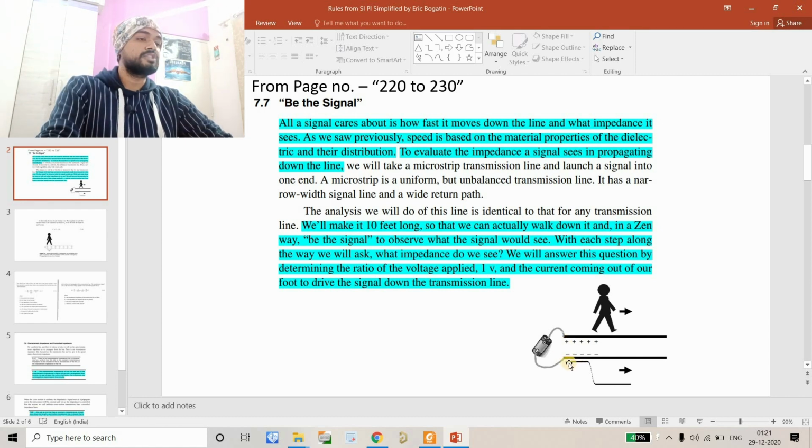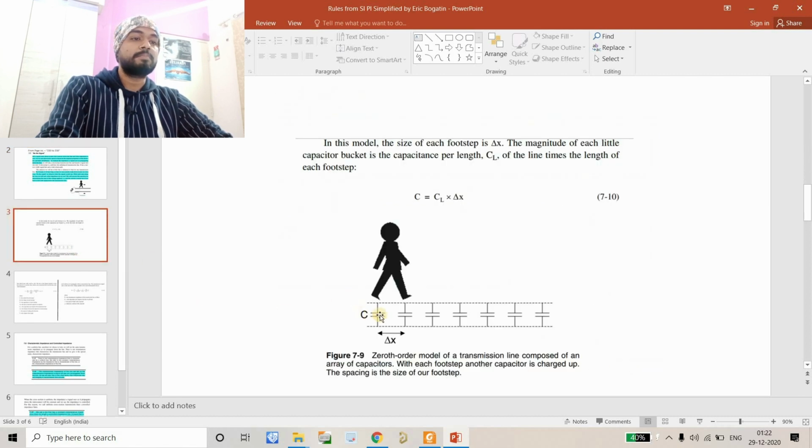On the signal line also, before the voltage was 0, and after applying the voltage, there is a 1 volt rise. This we can imagine as one capacitor at a particular instance, and if we move throughout the line, we'll see an array of capacitors.